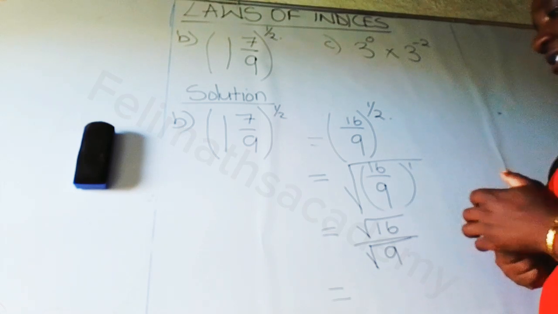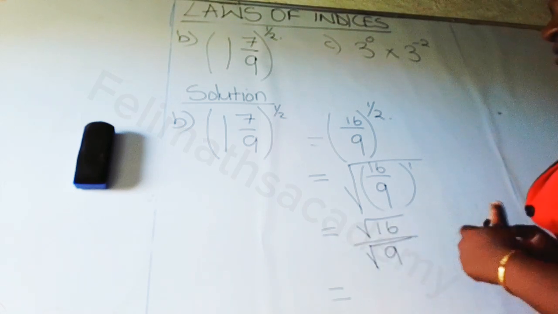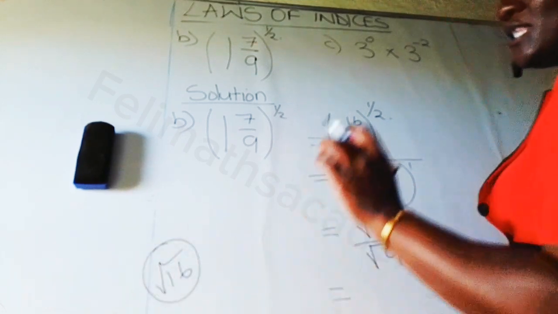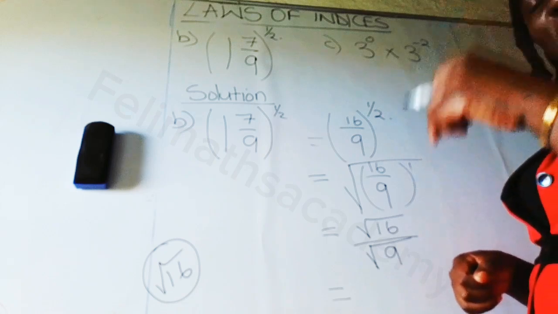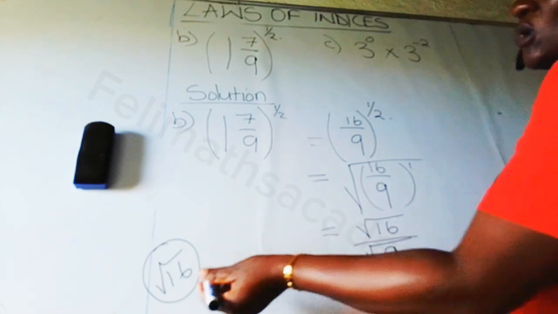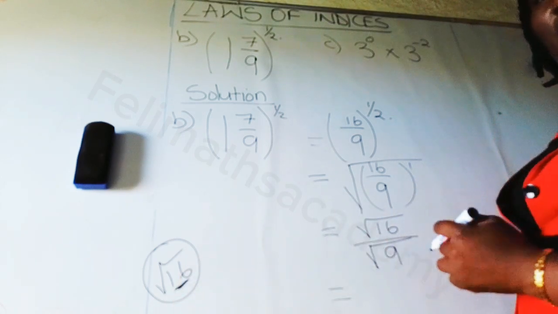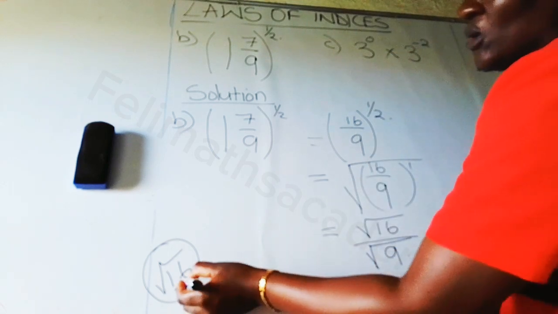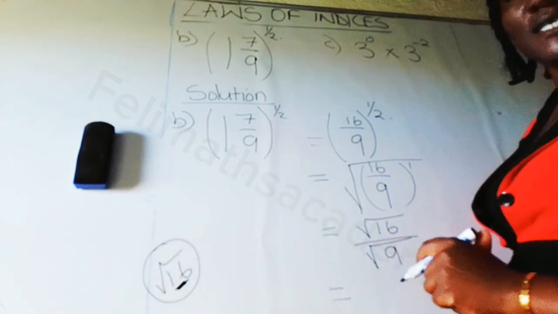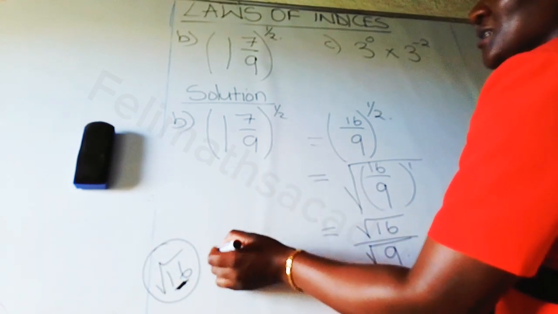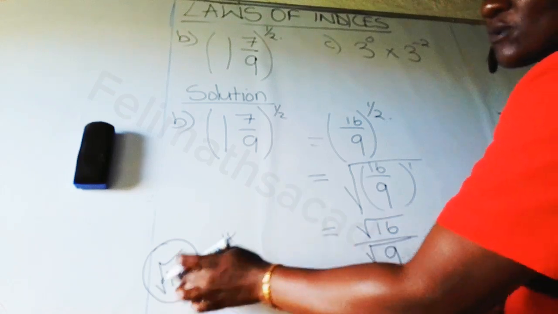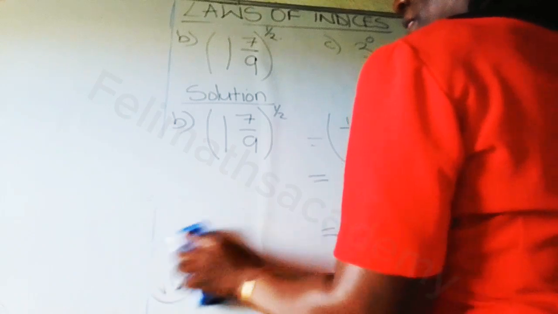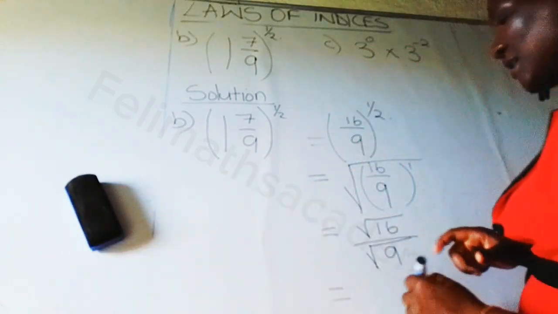We want a number that if we multiply it by itself, it's going to result in 16. 4 times 4 is equal to 16. So the square root of 16 is 4.